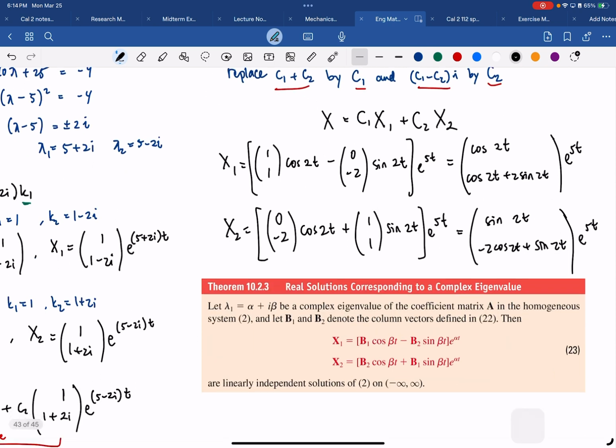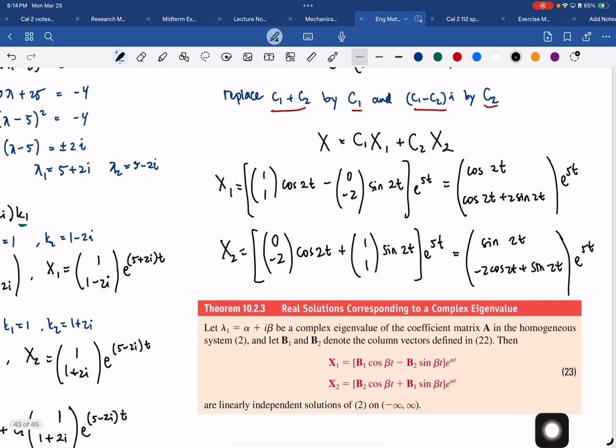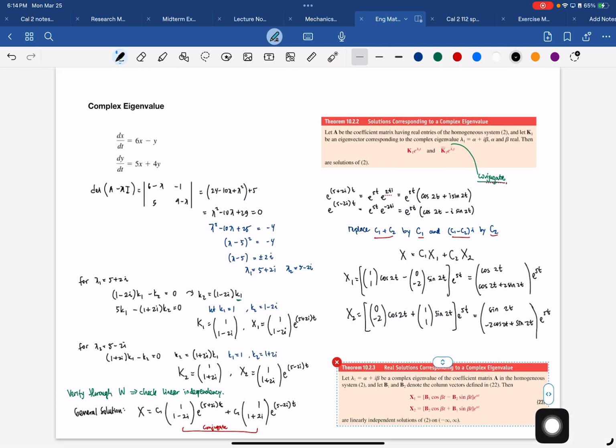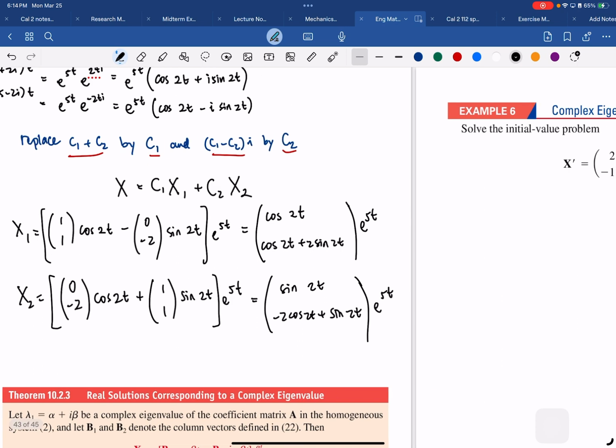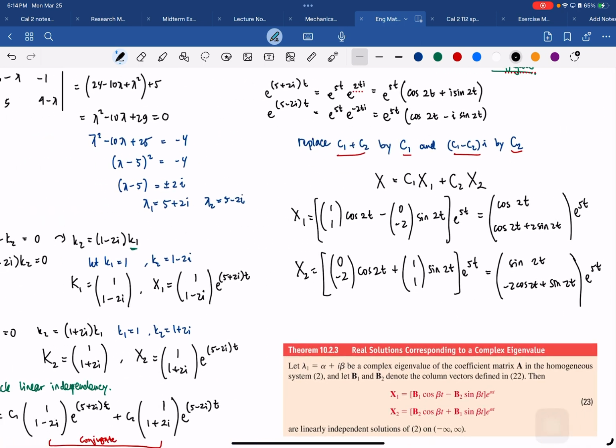Actually, this theorem hasn't finished yet, but I will just show you. This is the result that we want. There's something in between that we haven't yet proven, because we need to connect the eigenvector and then generalize the whole system.